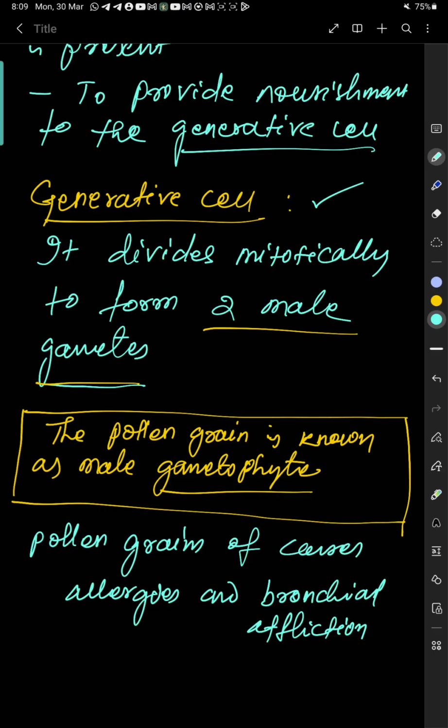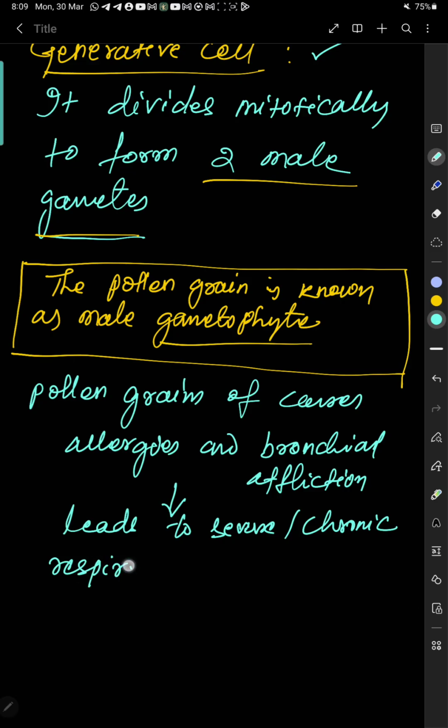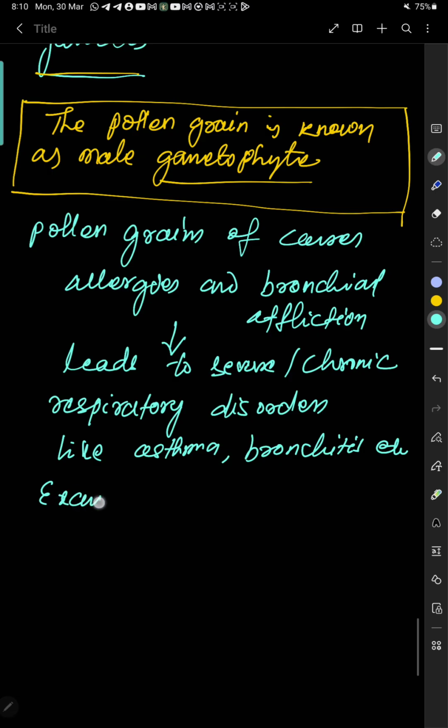In some cases it leads to severe or chronic respiratory disorders like asthma, bronchitis, etc. Okay, and in your textbook one example is given, that is Parthenium, the scientific name, and the common name is carrot grass.